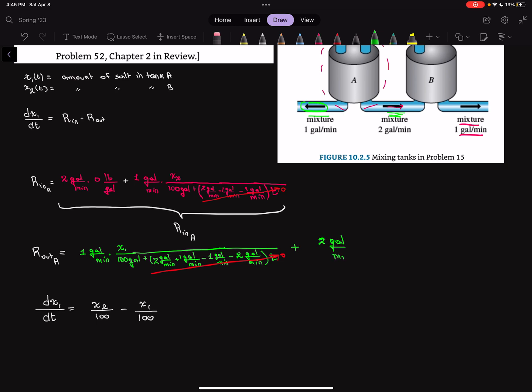Multiplied by the concentration. So how much salt do we have at any one time? Well, that's x1, divided by how much volume do we have at any one time? Well, that's just 100. Why? Because we said that the net rate going in and out of A is 0, as we've seen. So now I can write, actually, that the rate out is -3.